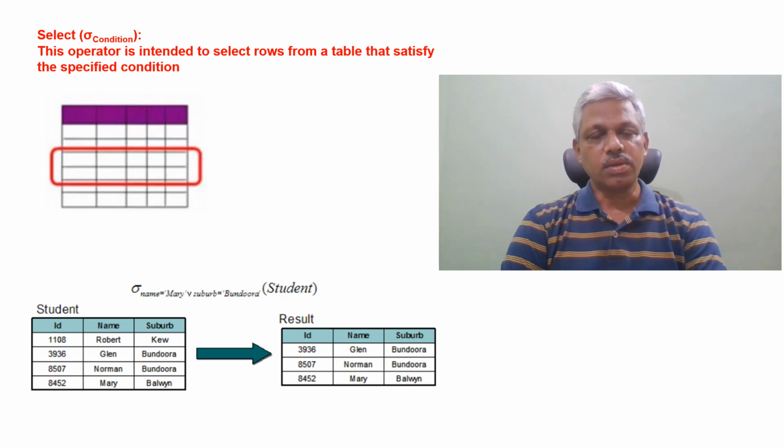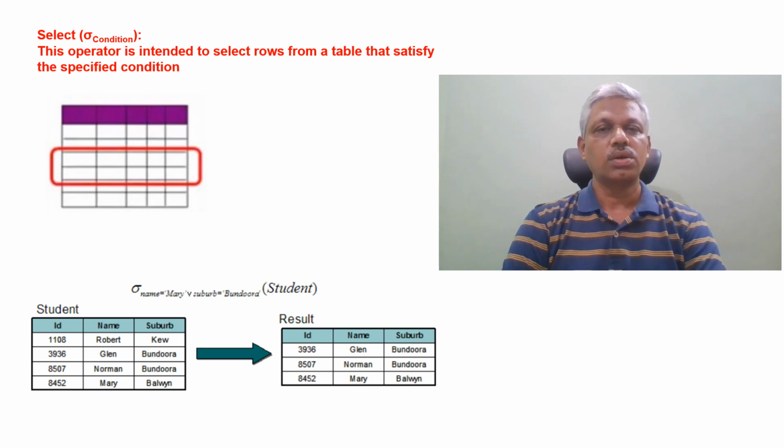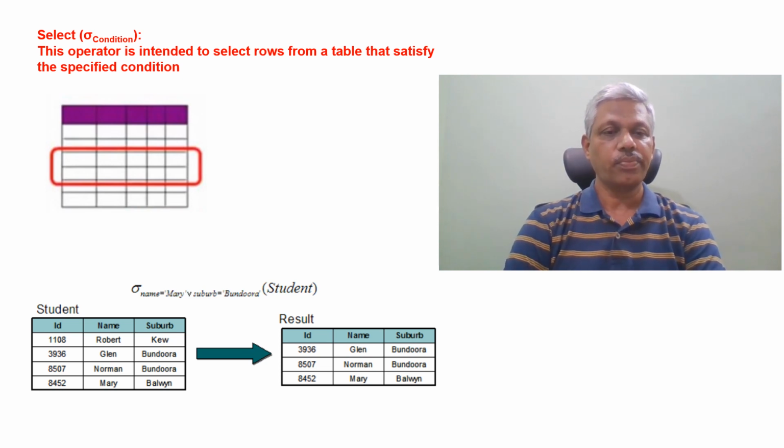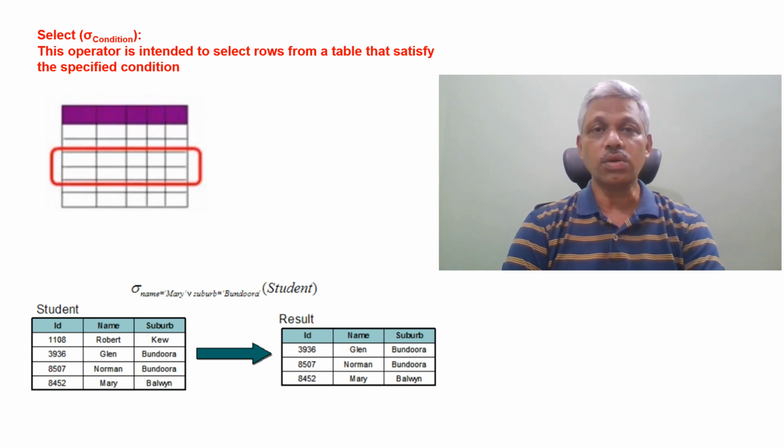In this example, students is the table, and we are specifying a condition on the name of the student and a specific suburb. So once those rows which satisfy the condition of name is equal to Mary and suburb is Bodwara are identified, it gives you the answer. So 3 rows are present, and those 3 rows will be given as an output.